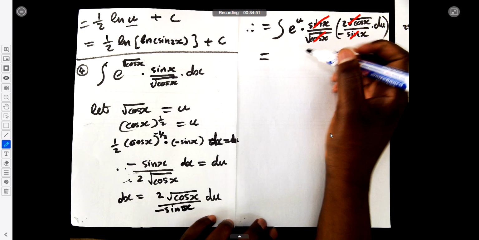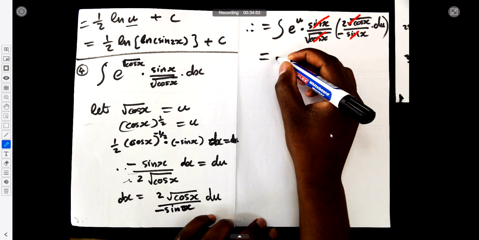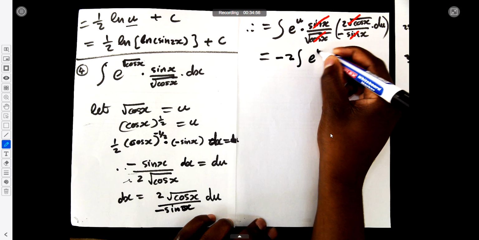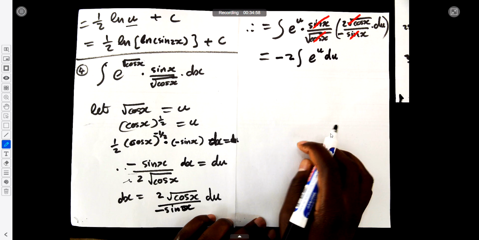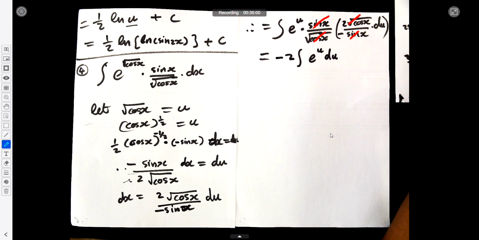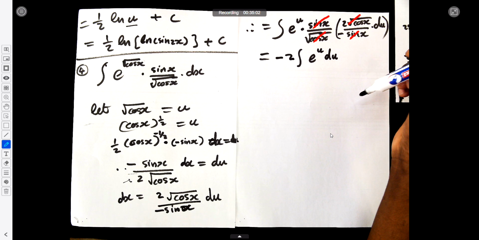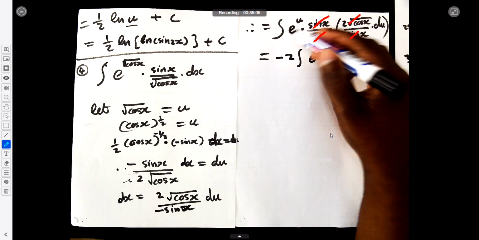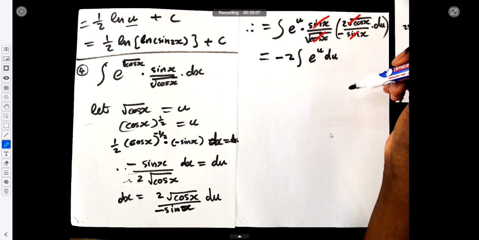From there we can factor out that negative 2 and focus on the function which is in terms of u. We're left with e to the power of u times du.